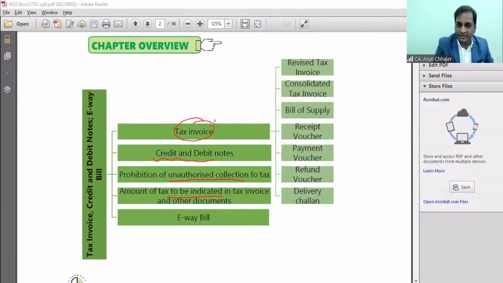We will also discuss the multiple categories of documents: revised tax invoice, consolidated tax invoice, bill of supply, receipt voucher, payment voucher, refund voucher, delivery challan. I have also given MCQ and theory questions, approximately 18-19, which we will solve during the class. So now we are starting the tax invoice.